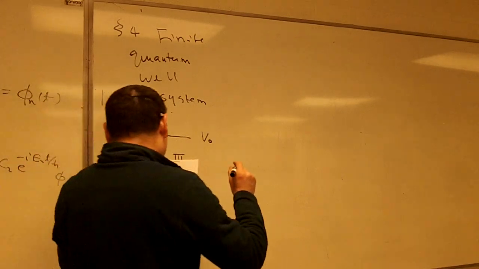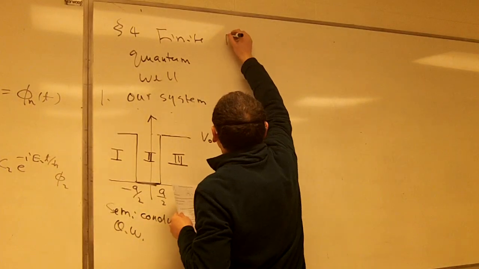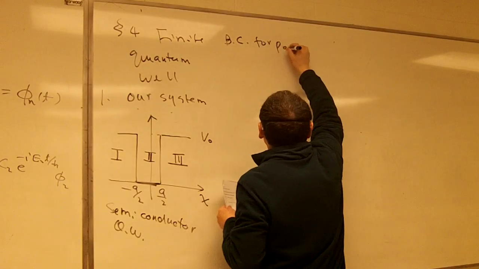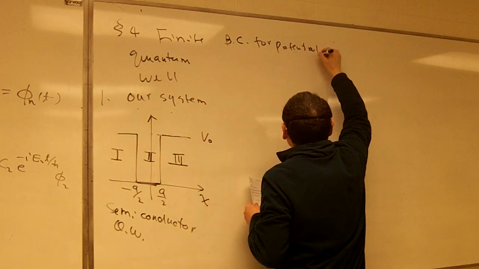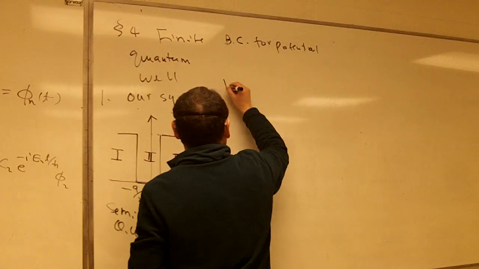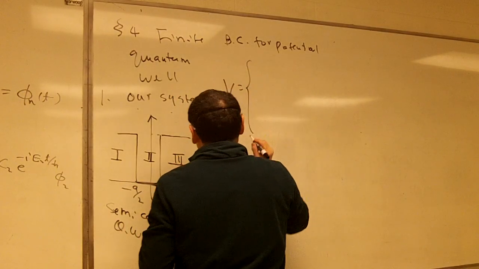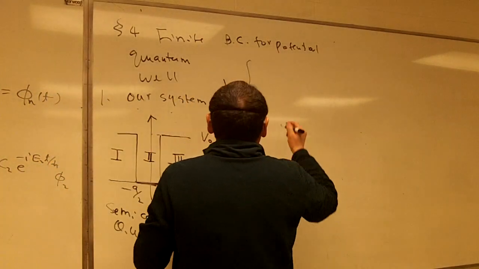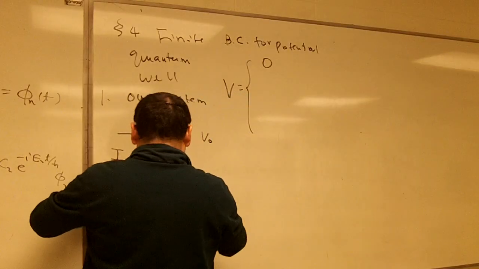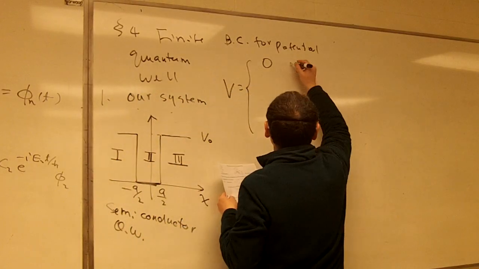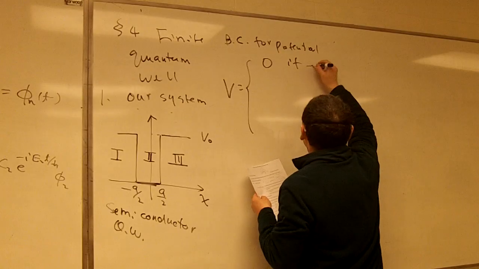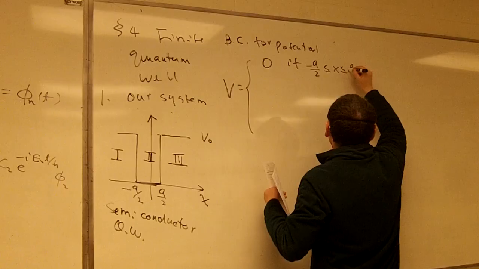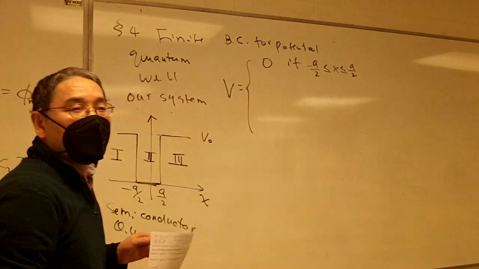Now, I'm going to show you mathematically what this looks like. Here is the boundary condition for the potential. V equals 3 segments. V equals 0 if x is larger than negative a over 2 and smaller than or equal to a over 2.